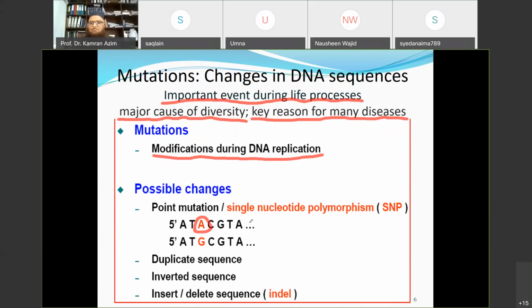When this DNA is duplicated as a process of replication, there should be A over here, but because of the mistake carried out by the DNA polymerase, instead of A, G is incorporated. So this is a mutation. A point mutation occurs when one base pair is changed to another base pair.